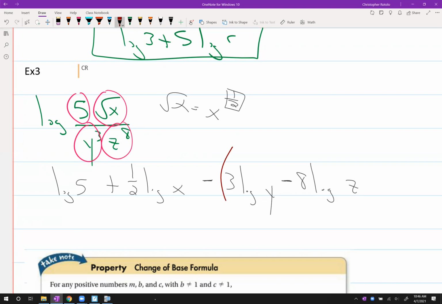If I say I want to use parentheses, then I use a plus sign here because y and z are being multiplied in the denominator. So I can notate this multiple ways. Both of them are correct. Just be careful as we put them together, and you'll see that through some of the homework. So I'll take either one, either minus minus or minus parentheses, and put plus in between the last two logs.